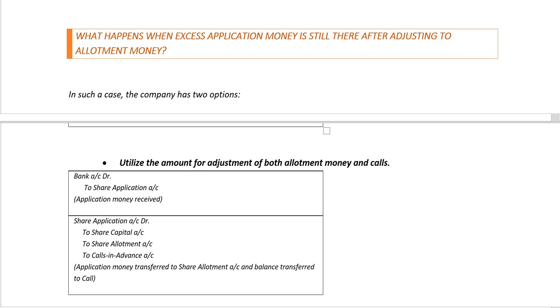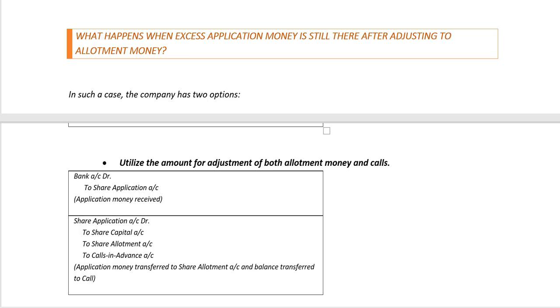In the second option, the company will utilize the amount for allotment money, and since there is excess application money, it will be transferred to calls as calls in advance.